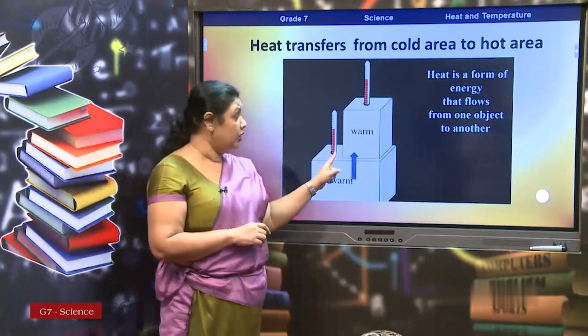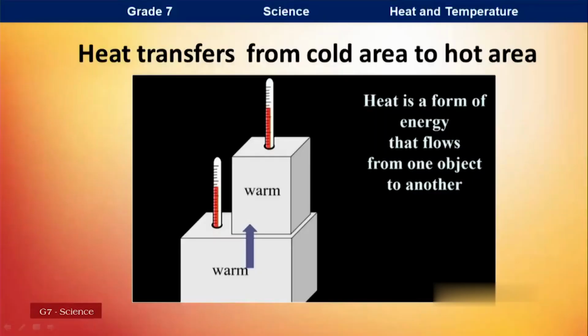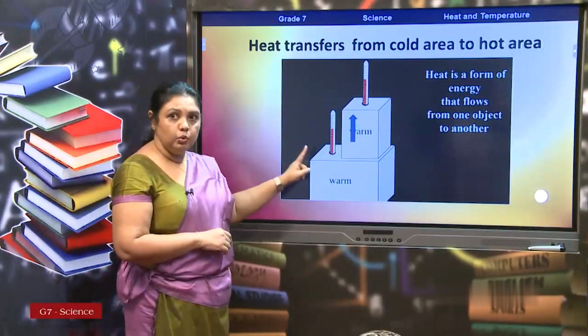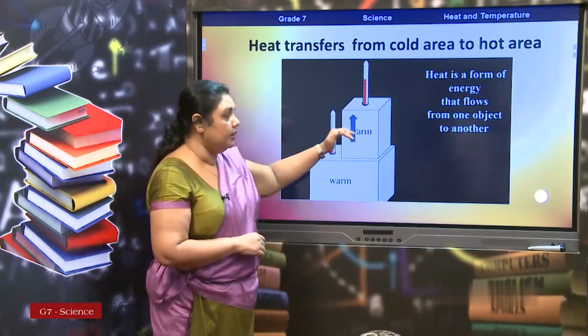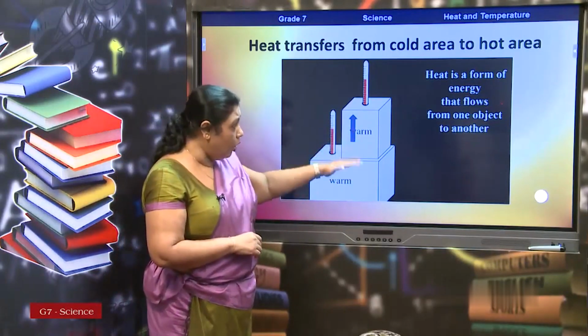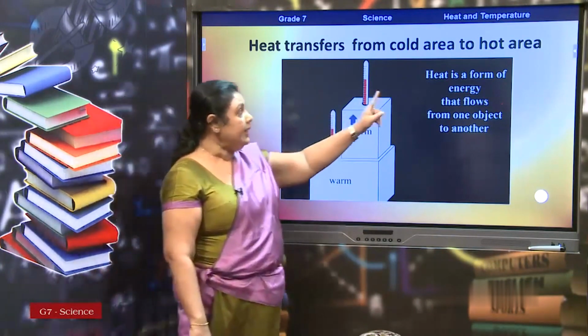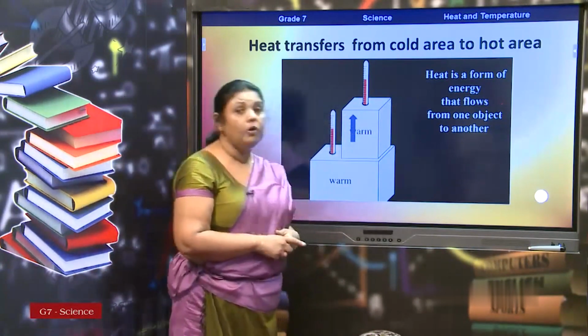Now further you can see here, this one has also become warmer. Why? Heat has moved from the warm block to the cold block. Heat is always a form of energy.